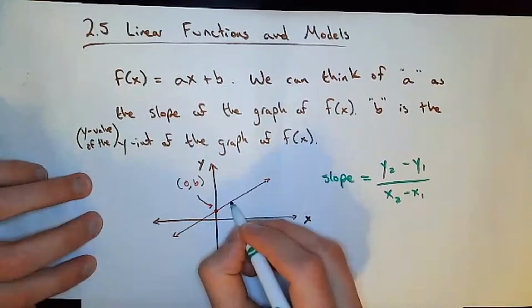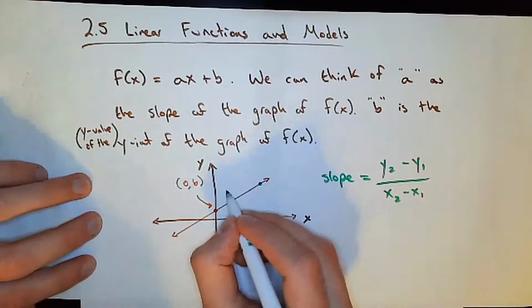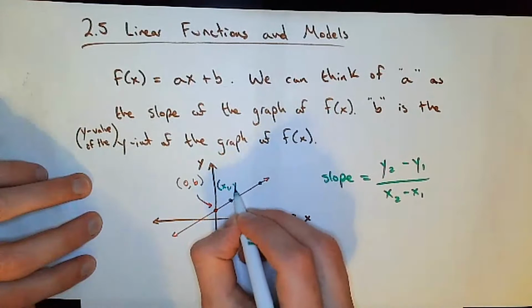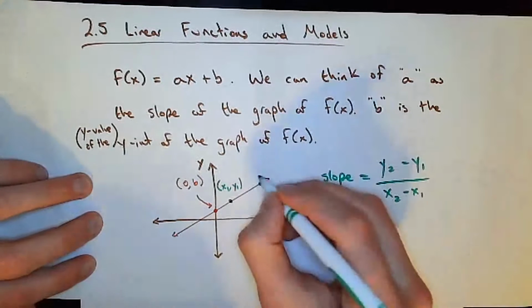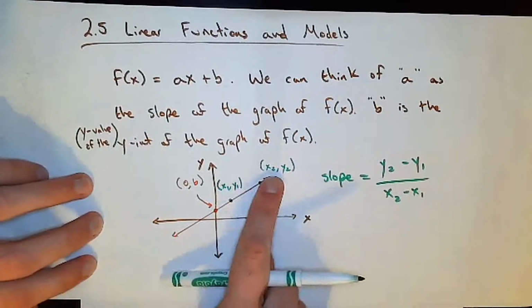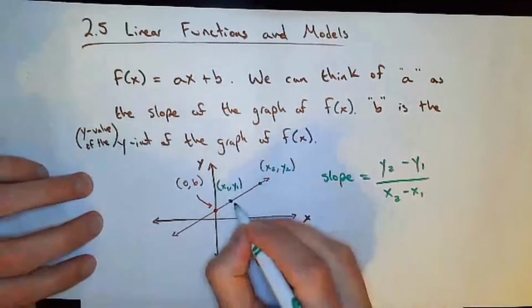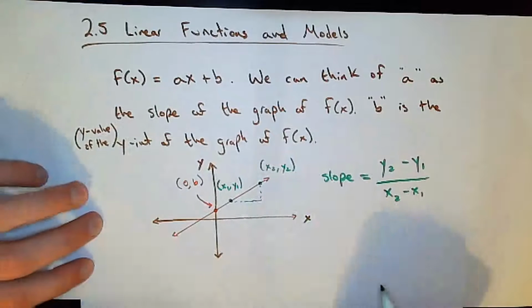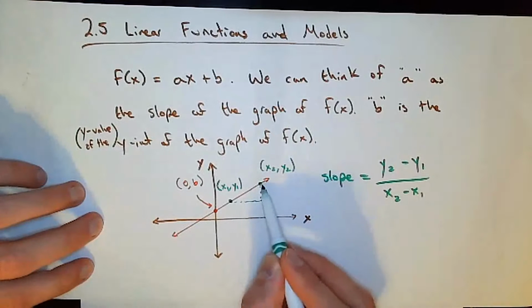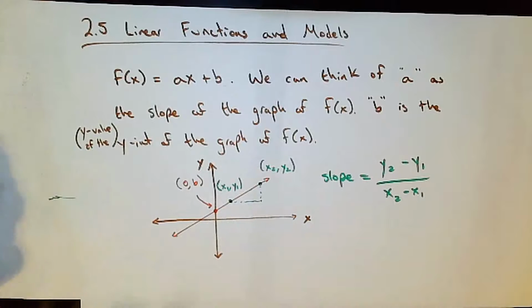Given some point x1, y1, and some other point x2, y2, subscripting 1 for the first point and 2 for the second, slope is the ratio of this side length, y2 minus y1, divided by this side length, x2 minus x1. So slope is literally how tilted the line is.